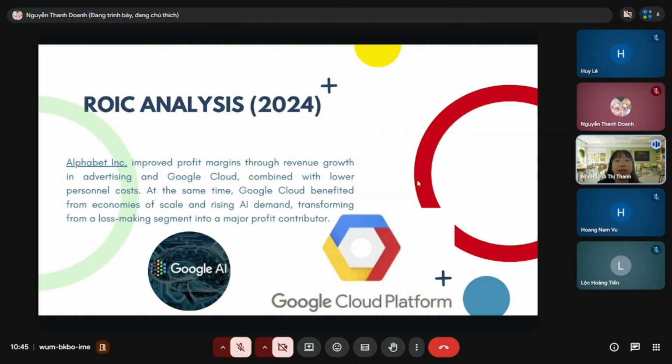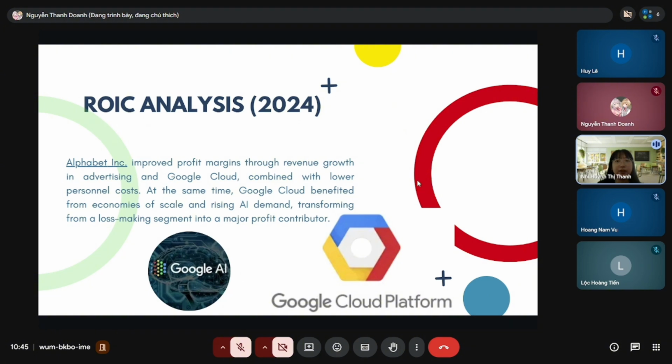So continuing with that, revenue continued to grow strongly through digital advertising and Google Cloud services. Meanwhile, personnel costs were reduced through efficiency programs and restructuring initiatives. Another important factor was Google Cloud.